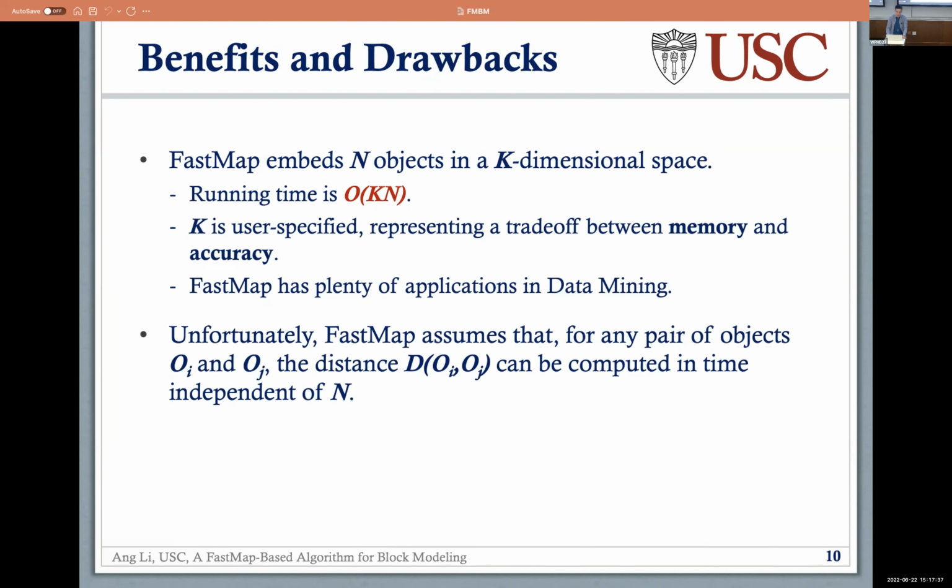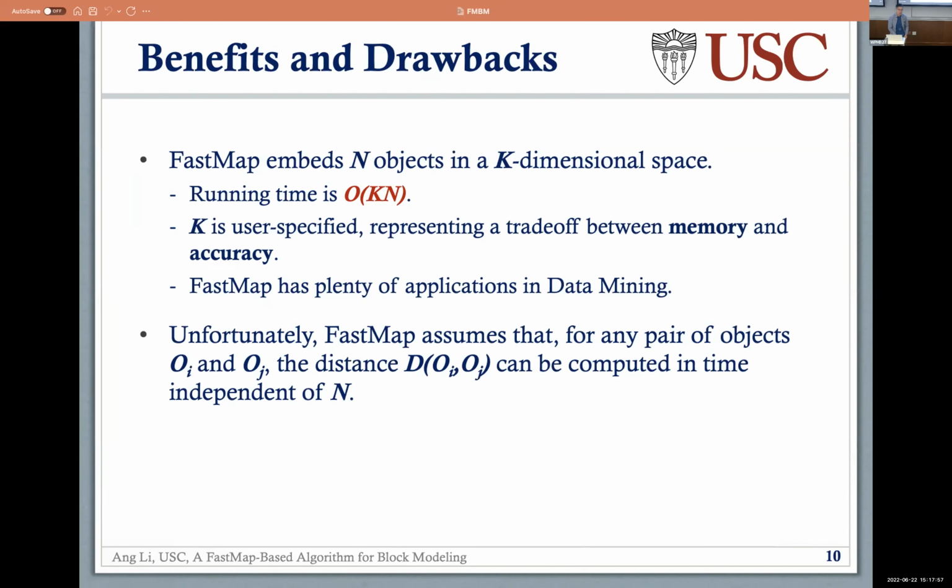And FastMap has plenty of applications in data mining. However, FastMap assumes that for any pair of objects Oi and Oj, the distance D(Oi, Oj) can be computed in time independent of n. So with this assumption, how can we apply FastMap to embed a graph?